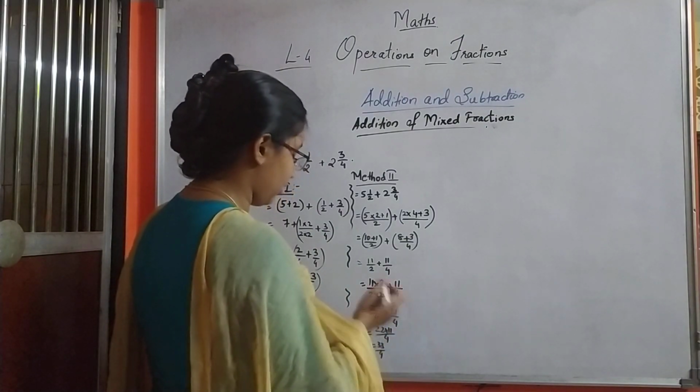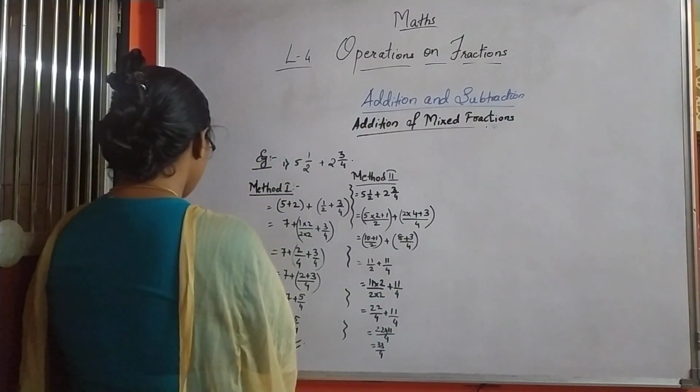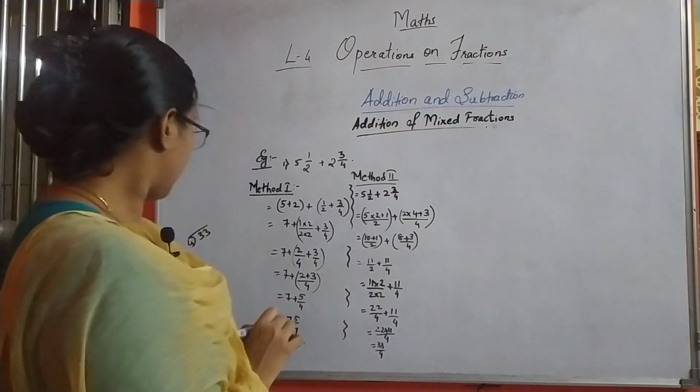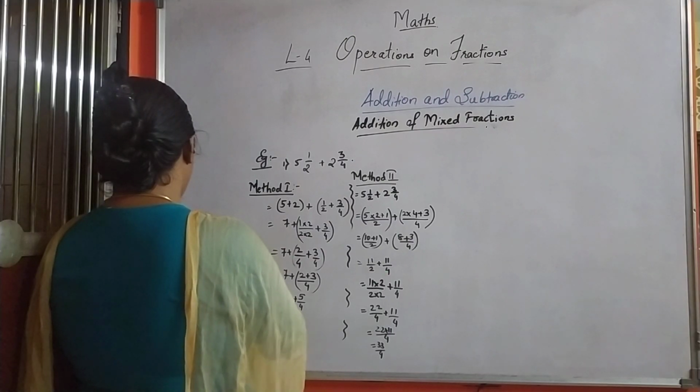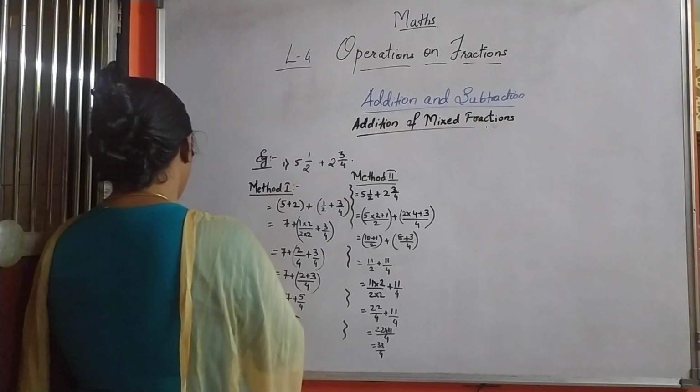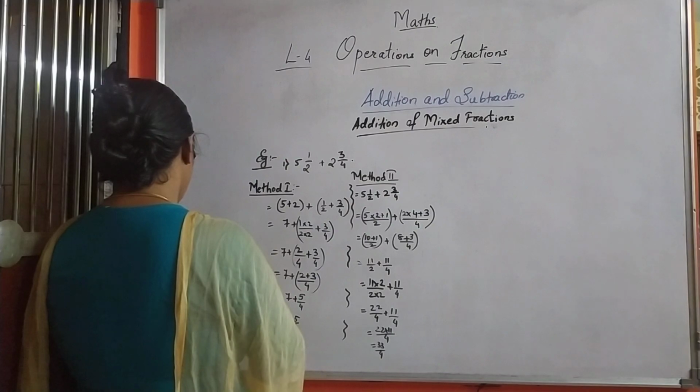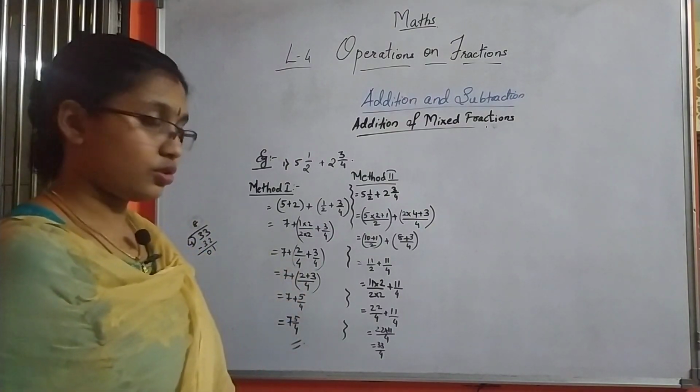I will divide 33 by 4. So 33 divided by 4, I will get 4 8s are 32, 1 as remainder. So how will I write this?